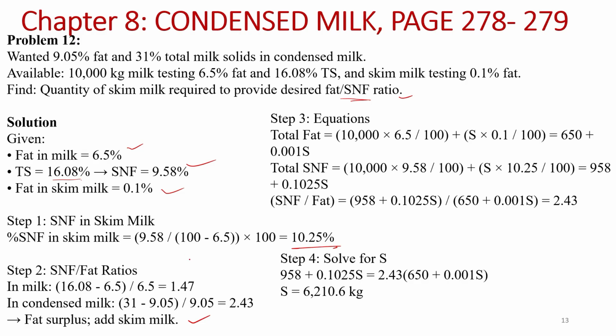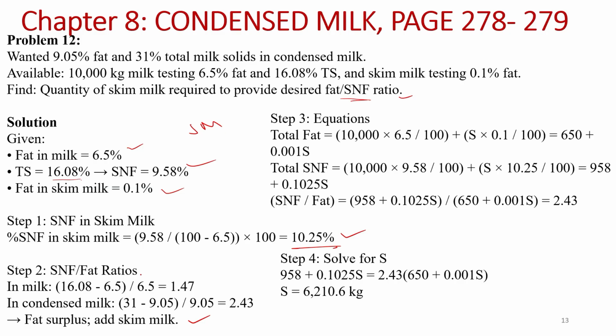It is nothing but, say we have removed the fat from the milk and we have the skim milk portion. And SNF, considering here that SNF is the same and the quantity has been reduced, since the quantity is less and the SNF has been concentrated, SNF will be higher in this, so it will be 10.25%.